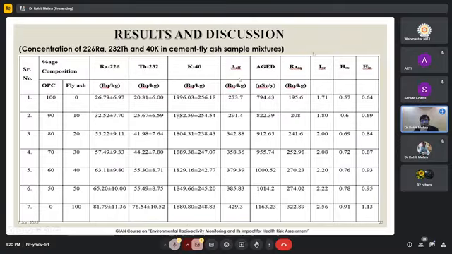But this average radium equivalent, if you see from this column, 195.6 becquerel per kg enhances to 274.02 becquerel per kg with the 50% mixing of fly ash with the cement.